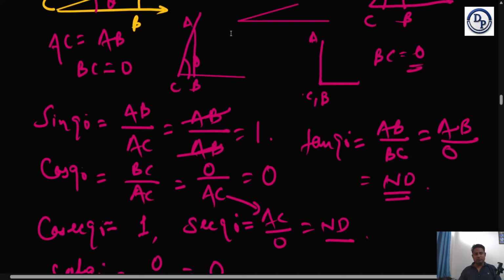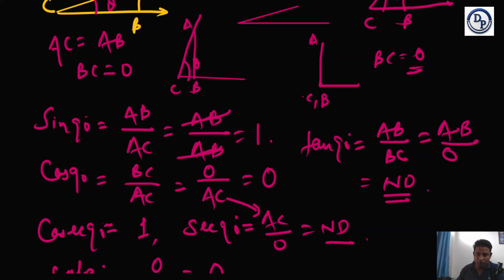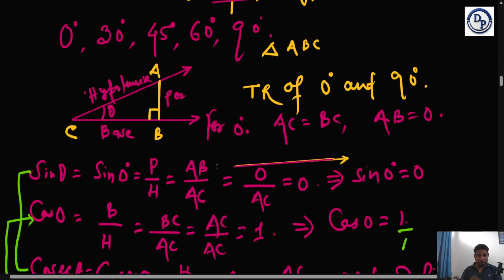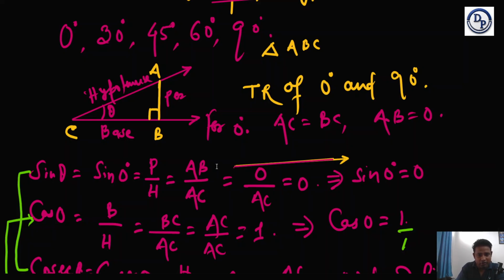So these are some angles we have discussed, 0 degree and 90 degree. Okay. So please revise all these things once again. I told you how you can do this, specifically for 0 and 90 degrees. How can you correlate the things? How the angle becomes 0 and how this theta becomes 90 degrees.